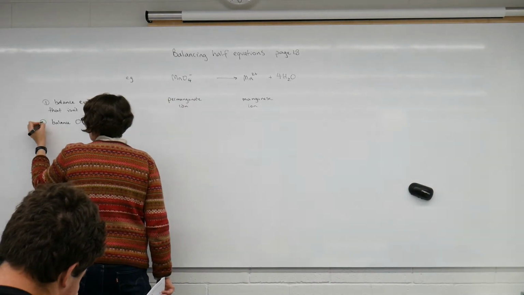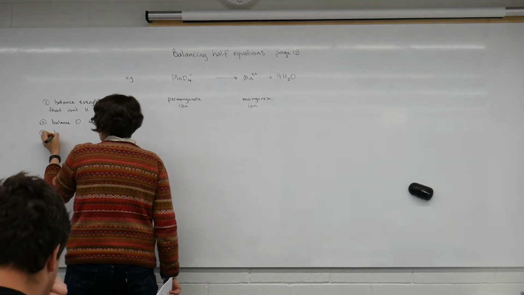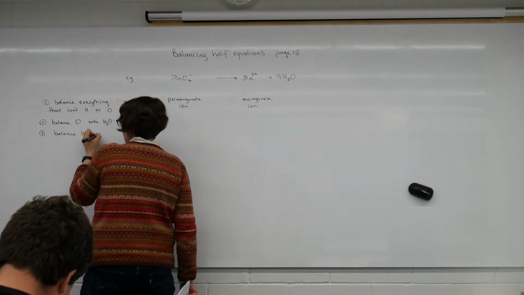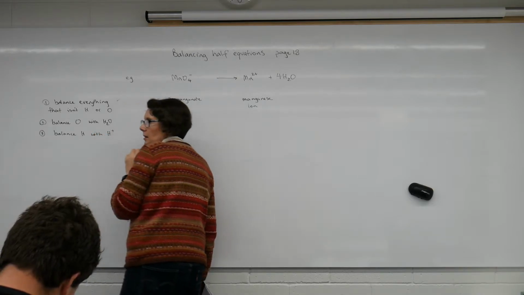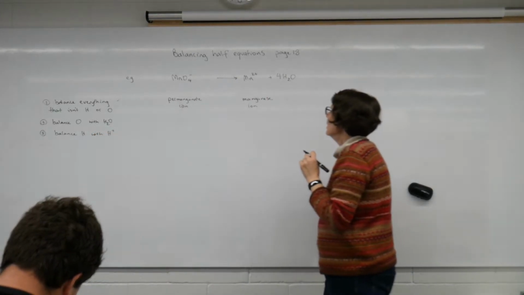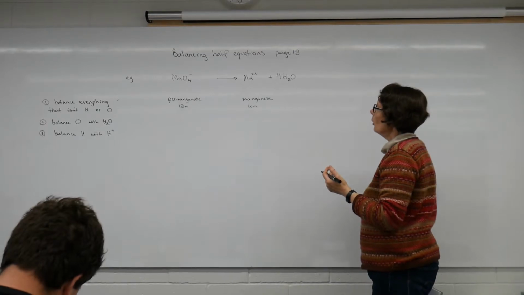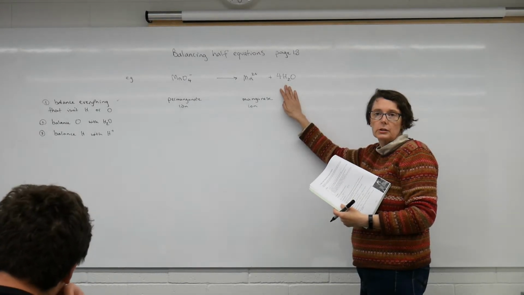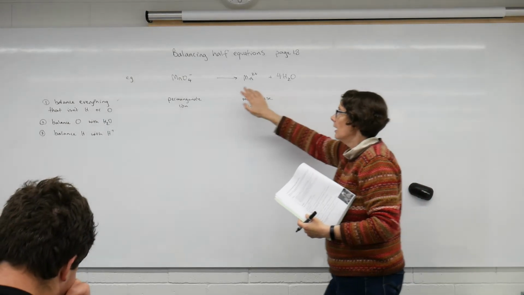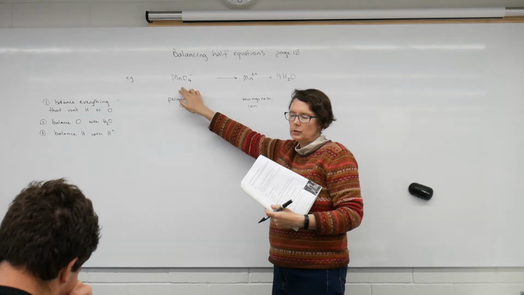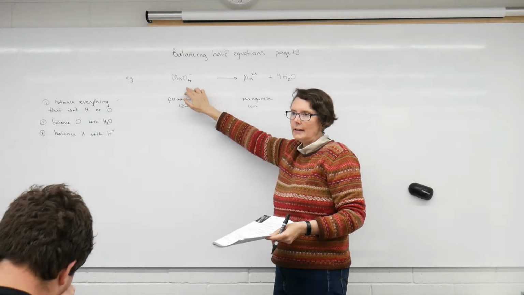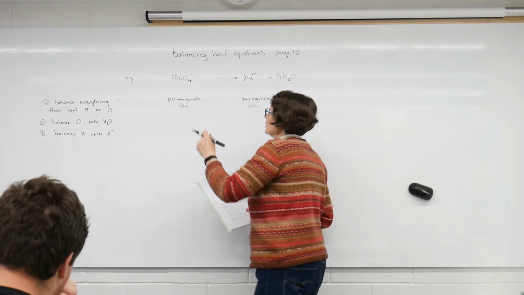Now we're going to balance hydrogen with acid, H+ ions. So now I've got 8 hydrogens on my product side, and none on my reactant side. So I need 8 H+ ions on this side.